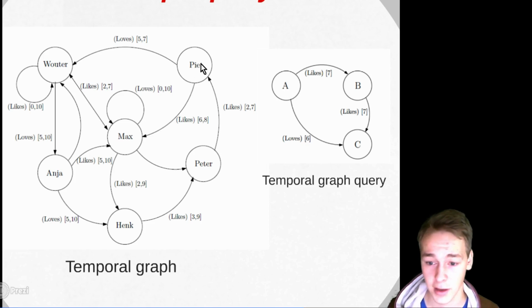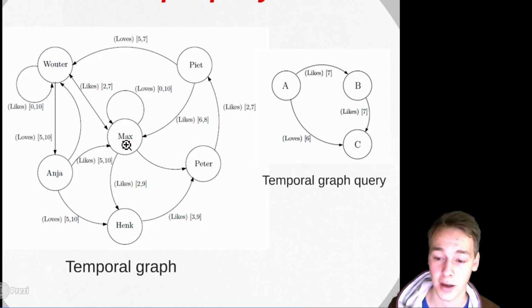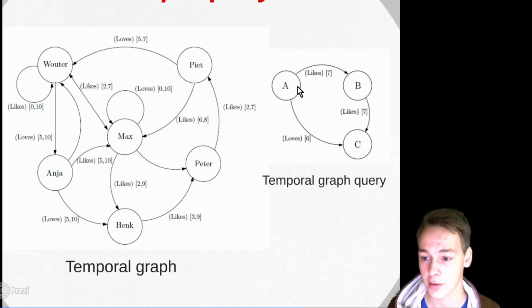let's see, we have Pete likes Max in time instance 6 to 8, so that is also 7. Max likes Wouter in 2 to 7, which is also in 7, and Pete loves Wouter from 5 to 7, which is also in 6. So this is a possible result for A, B, and C. If these nodes could be the same, for example, if A could be the same as C, then we also have another result here.